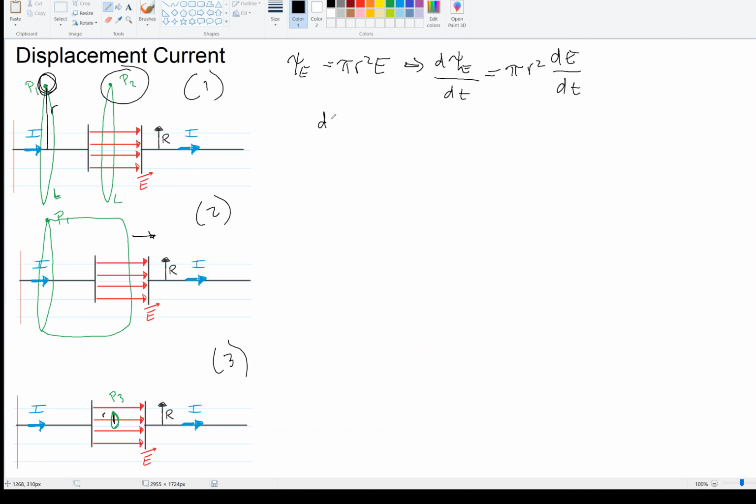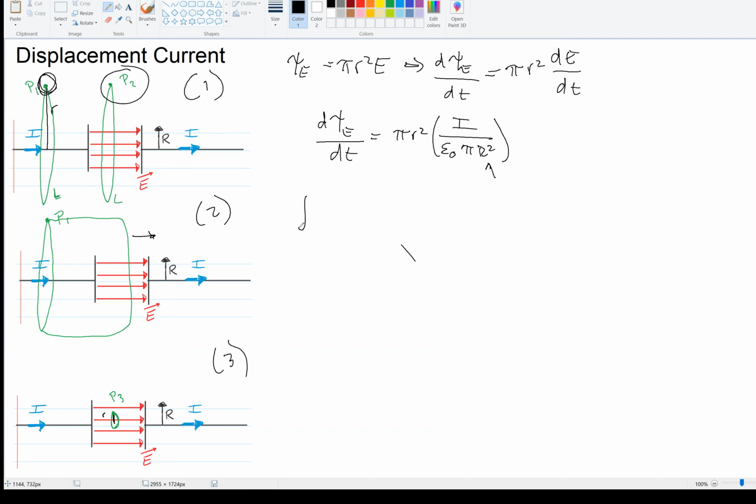And so we have pi r squared, little r, times I over epsilon 0 pi capital R squared. Like we said, that's the rate of change of the electric field inside the capacitor. It depends on the size of the plates, which is capital R.